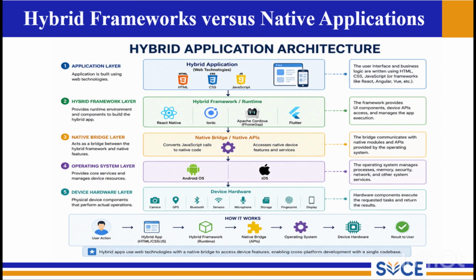The first and topmost layer is the application layer. This is where developers write the application code. Unlike native applications, hybrid applications are built using web technologies such as HTML, CSS, and JavaScript.